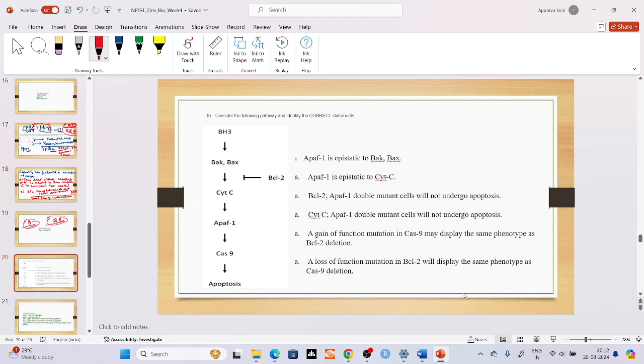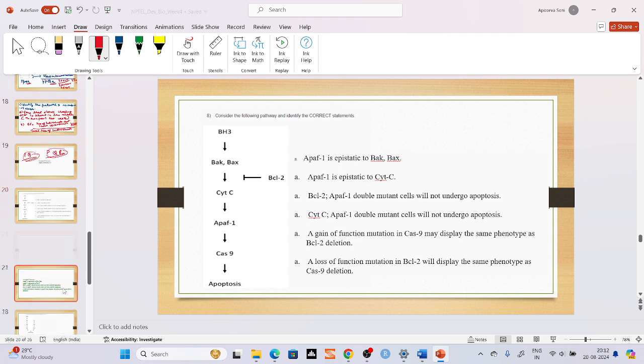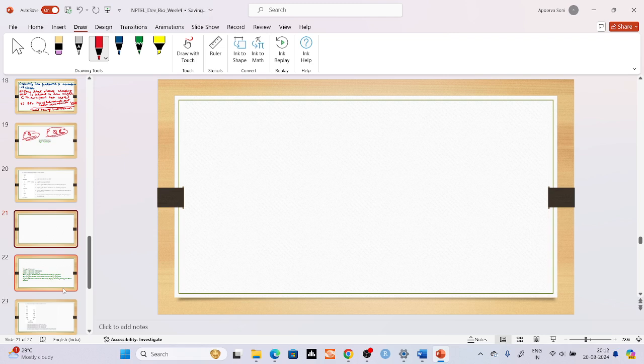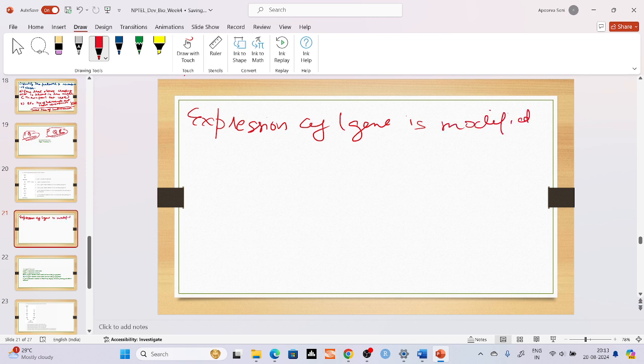So we are starting with epistasis. Epistasis is a condition where the expression of one gene is modified by the other gene. In very basic terms, the expression of one gene is modified by another gene.